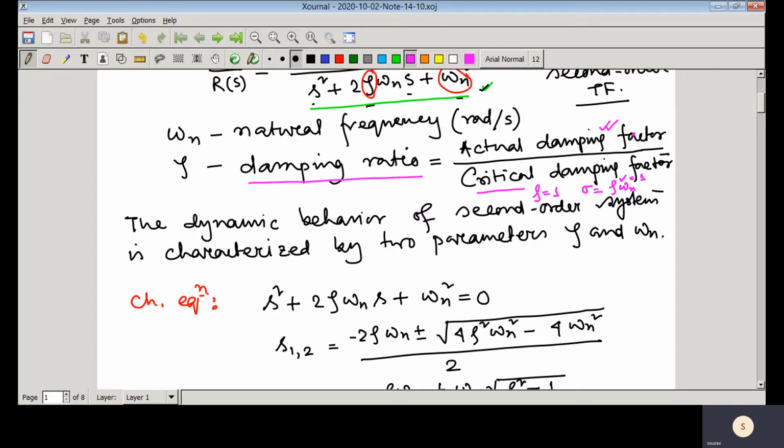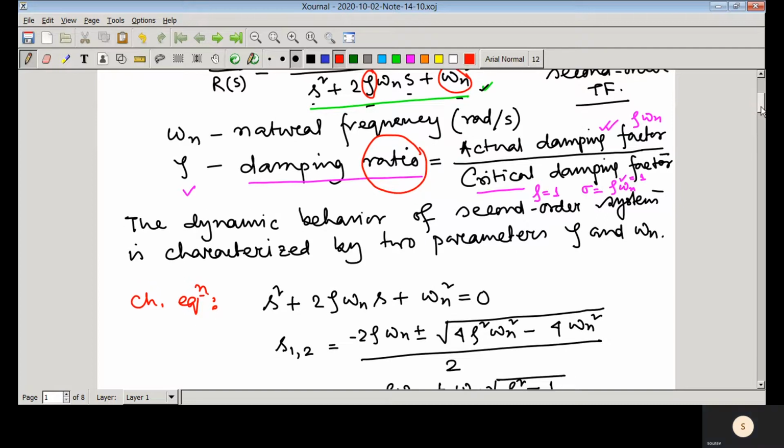So the actual damping, zeta omega n divided by omega n, is equal to zeta. That's why this is actually the ratio of two damping factors, and it is a unitless quantity.